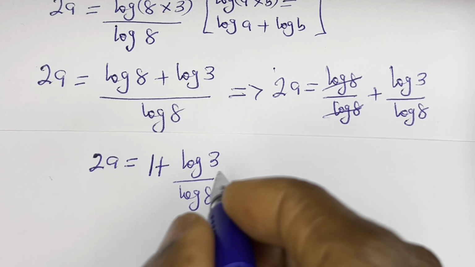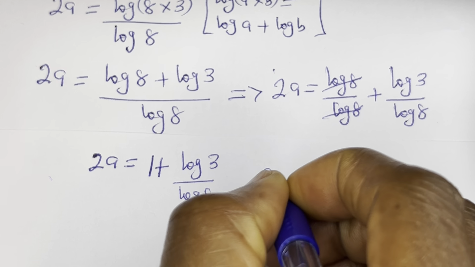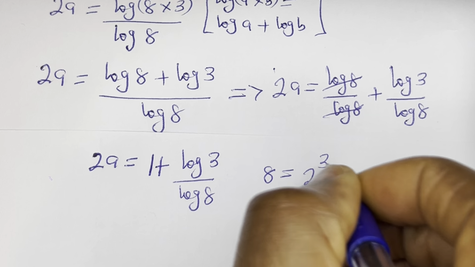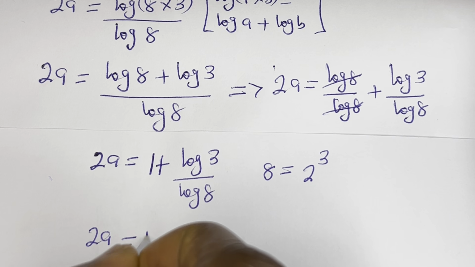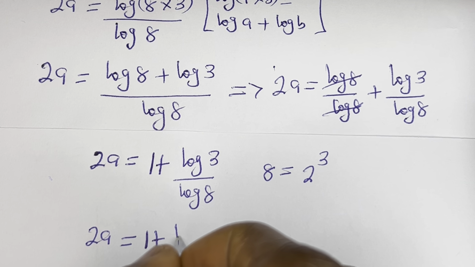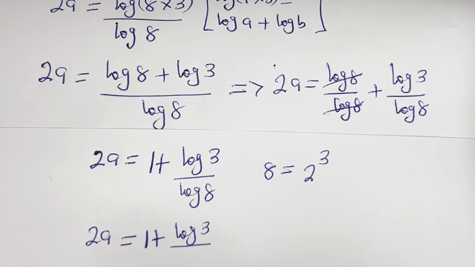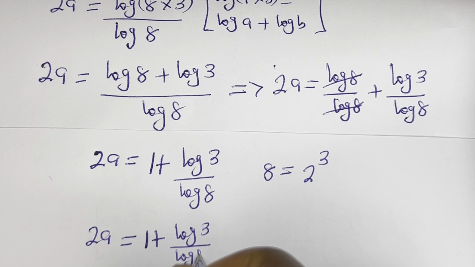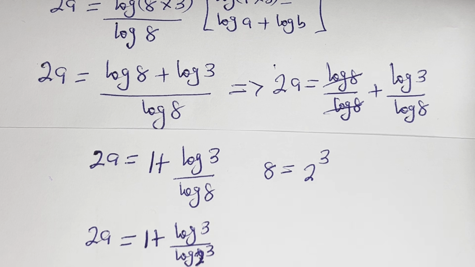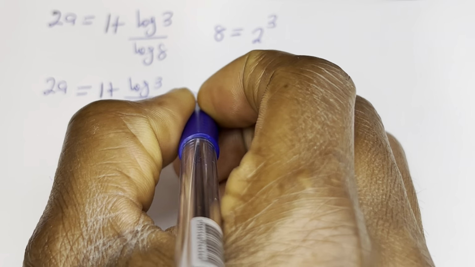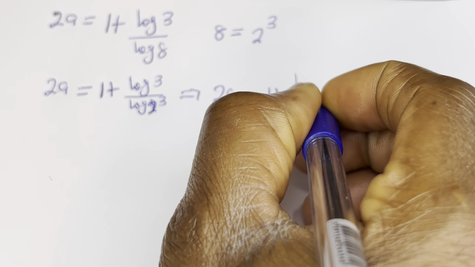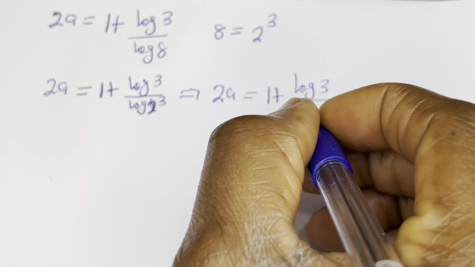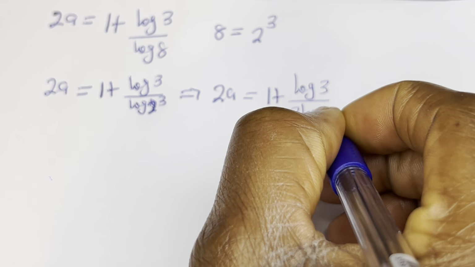Now take note of this, that 8 is equal to 2 to the power of 3. 2a is equal to 1 plus log 3 divided by log 2 to the power of 3. And this implies that we have 2a is equal to 1 plus log 3 divided by, this can be written as 3 log 2.